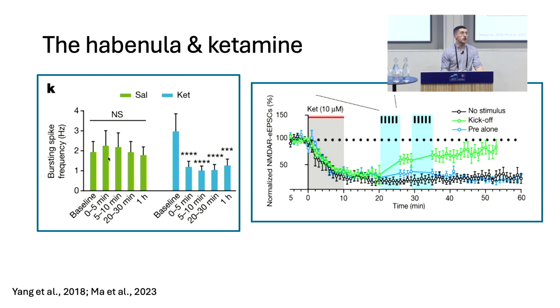More recently, the group has shown that ketamine seems to be trapped in the NMDA receptor channel pore, which might explain its longer-lasting effects after its half-life, after it's eliminated in the body. Shown on the right here, using rodent lateral habenula slices, they bathed these slices in ketamine and then subsequently washed out the ketamine. Despite the washout, you can see in black with no stimulus, the effect on lateral habenula burst firing remains.